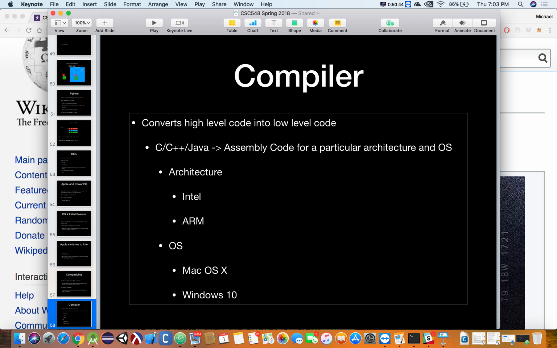Okay? Because from the high-level programmer's perspective, as programmers, we live up here. We rarely think about the architecture because it's not our problem. That's the compiler's problem, right? We might think about the operating system we're on, but even then, we might not think about that much.